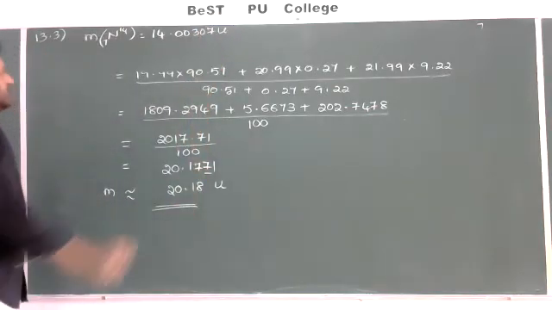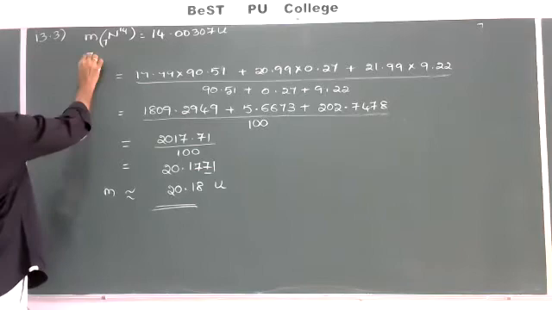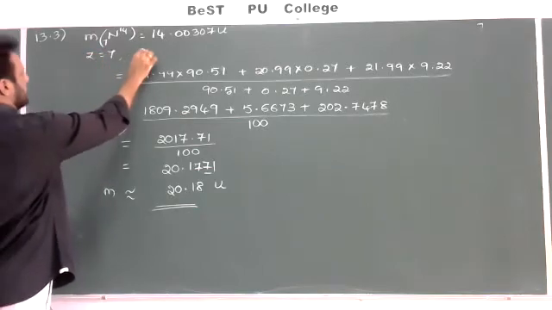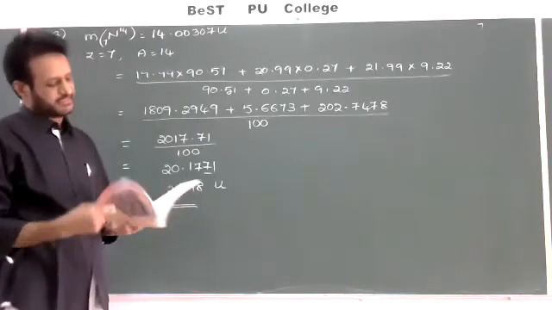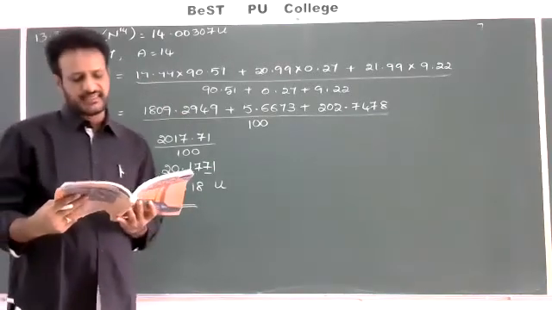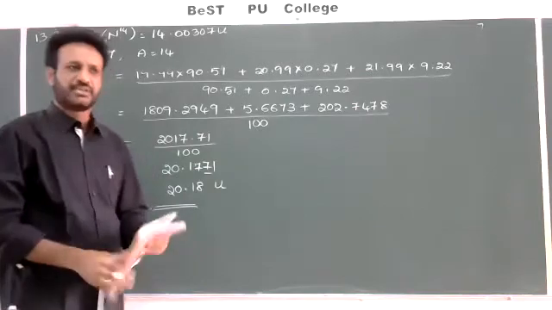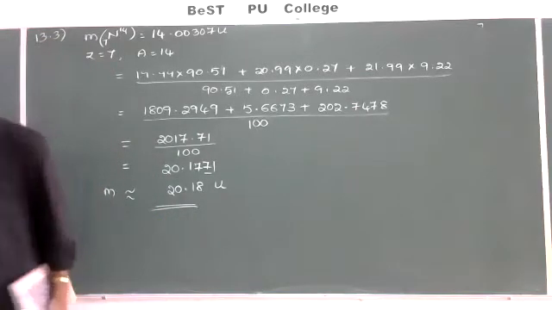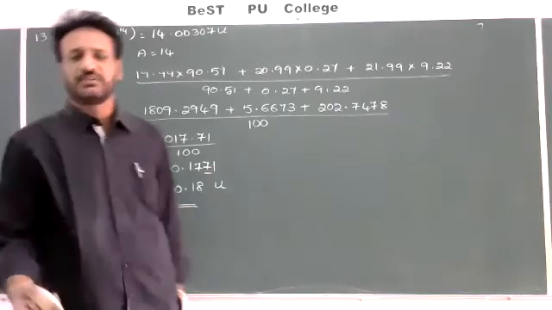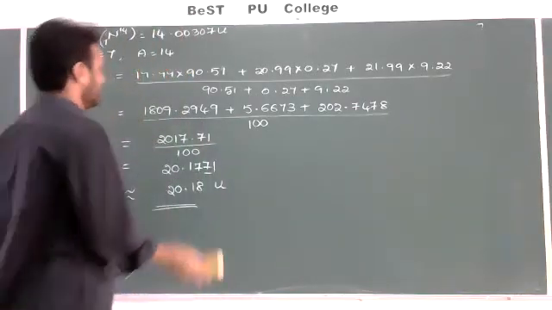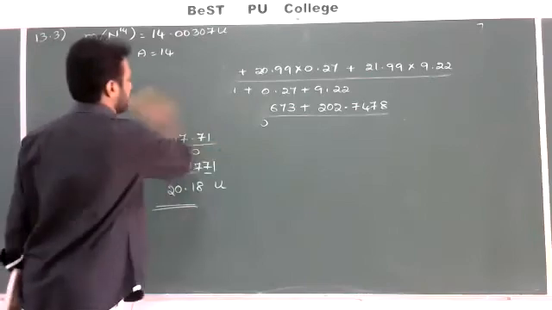It is nitrogen, which means atomic number Z is equal to 7 and mass number A is equal to 14. So we need to calculate the binding energy of nitrogen. At the start I have given some data: mass of the proton, mass of the neutron. So we have to use the same data here.